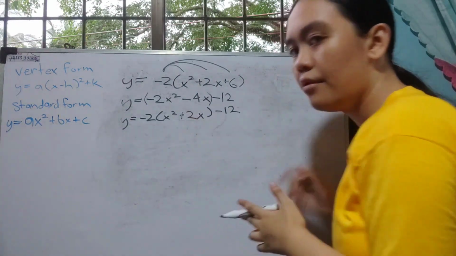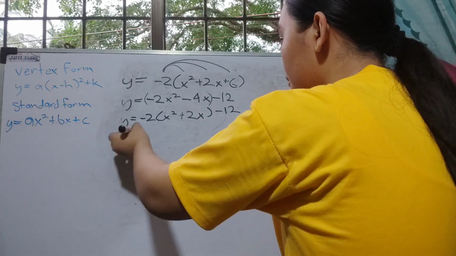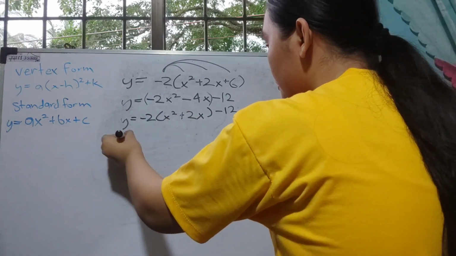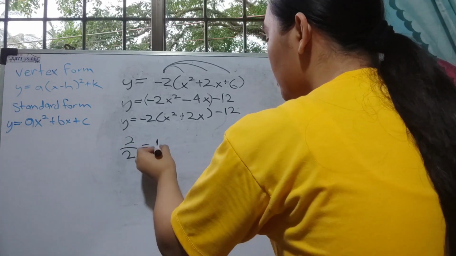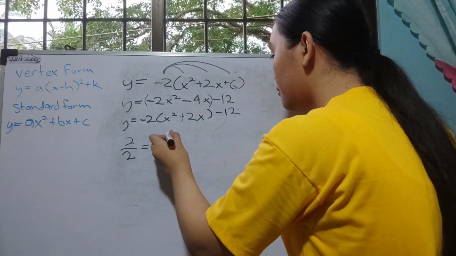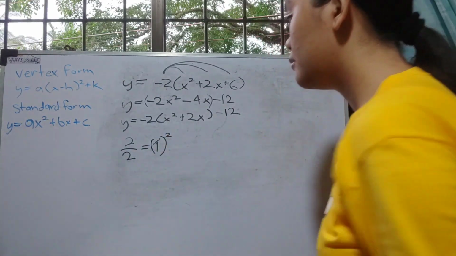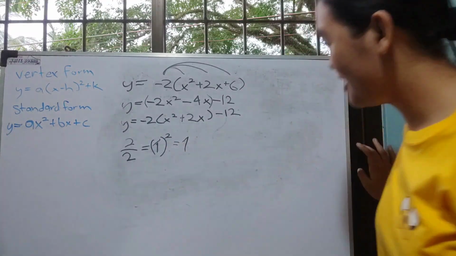Alright, so now we can complete the square. Let's confirm: 2 divided by 2 is 1, and then we square 1, which is still 1.